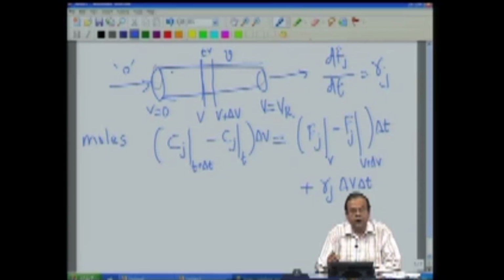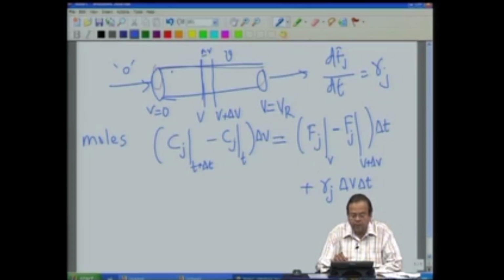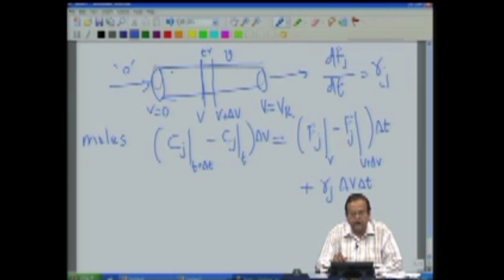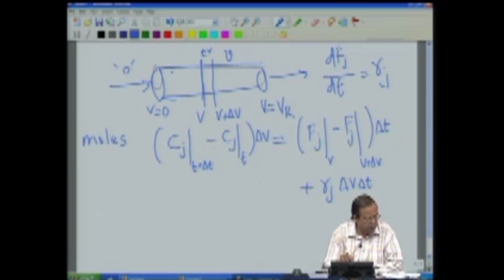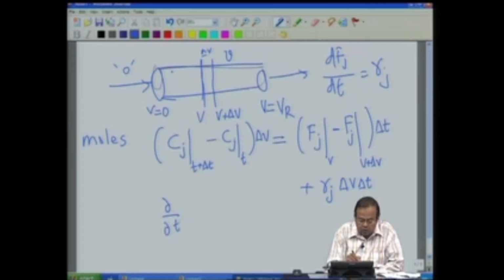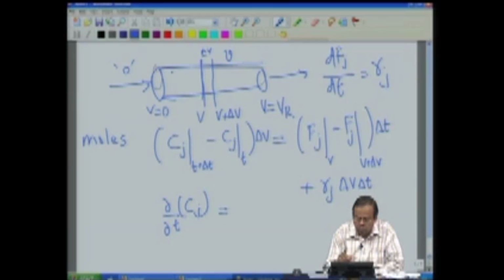So, now if we divide this whole quantity by delta V delta t and take limit as delta V goes to 0, delta t goes to 0, this mass balance equation now becomes del Cj by del t equals minus del Fj by del V plus Rj.